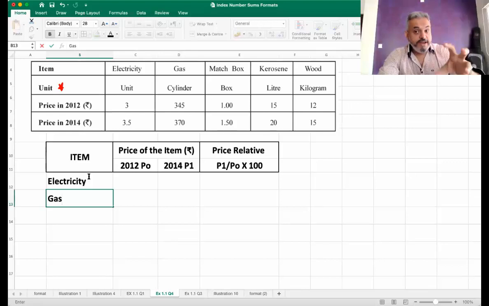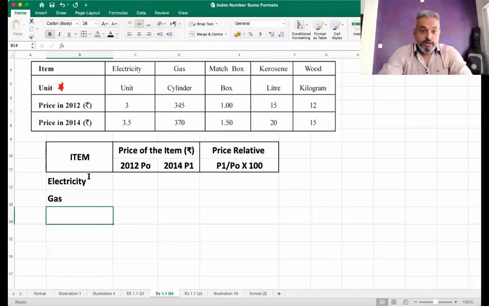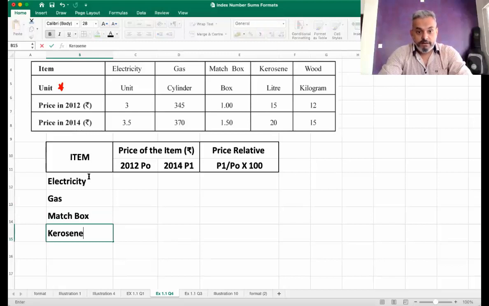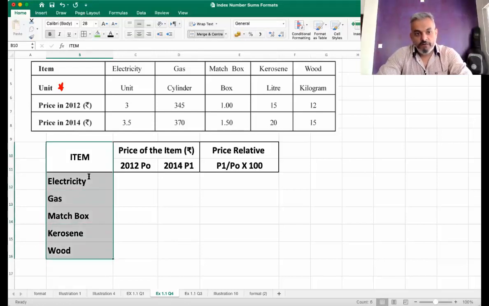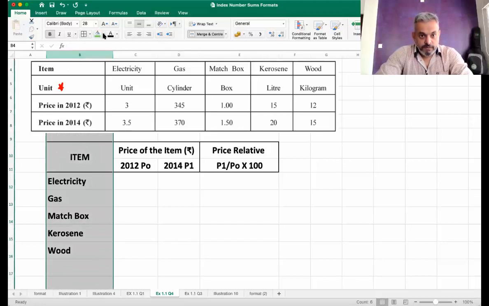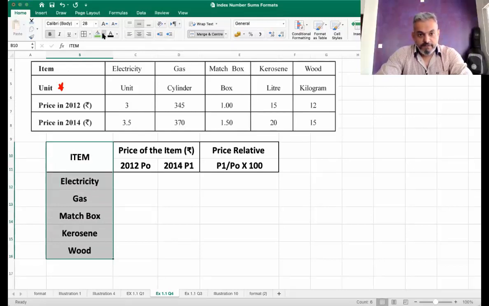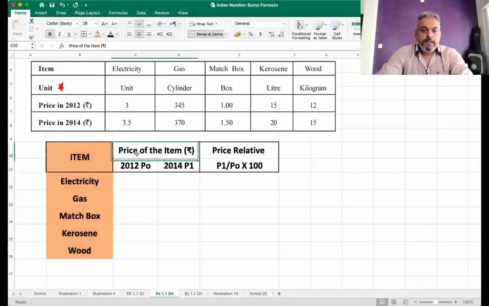Because of my limitation of screen over here, I am not leaving space and writing. You leave one line and write in your notebook. Electricity, gas, matchbox, kerosene, wood. So these are the items of fuel. Let me give them some fiery color. That will be too bright for you to see on the screen. Okay, orangish. Now price of item.